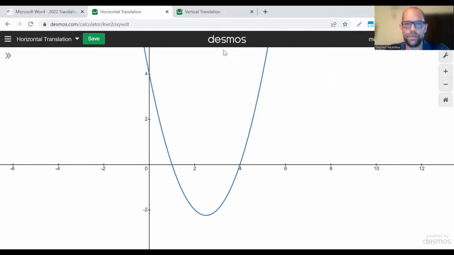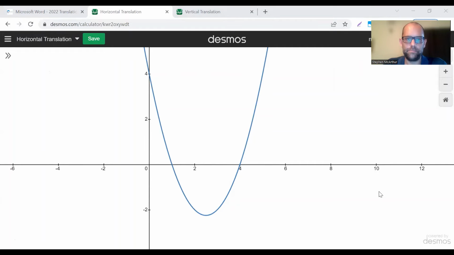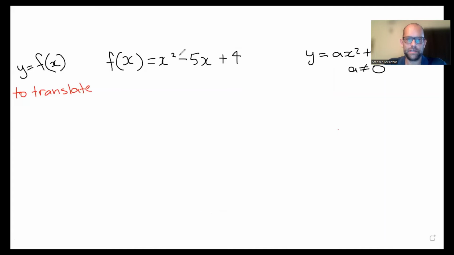So what we'll do here is I need my whiteboard. All right, let's just do this. Okay, so here's our function. F of x is equal to x squared minus 5x plus 4. I'm going to change these to blue.